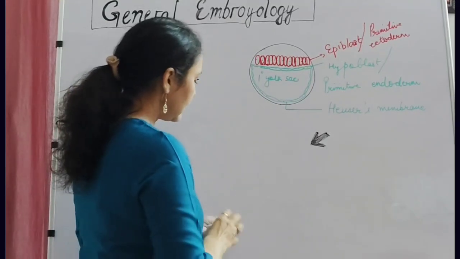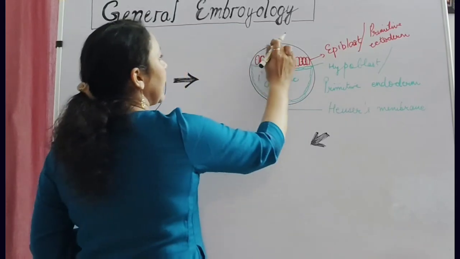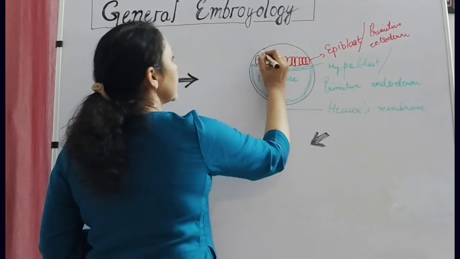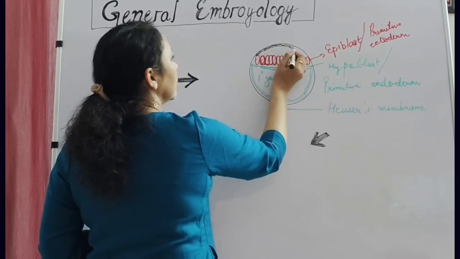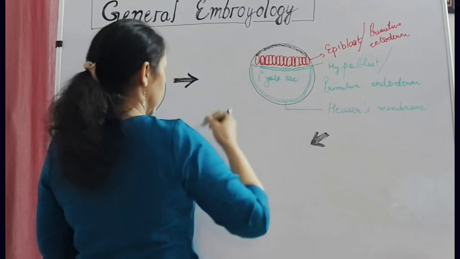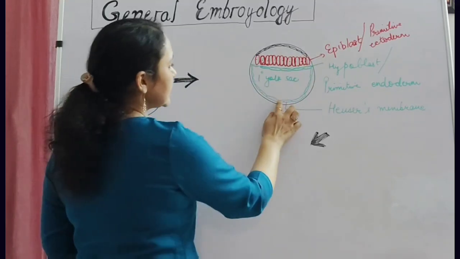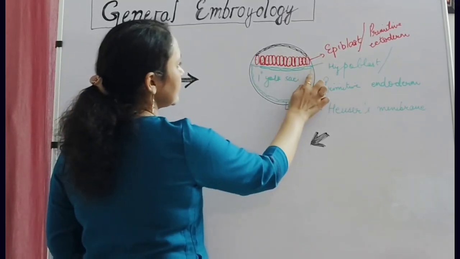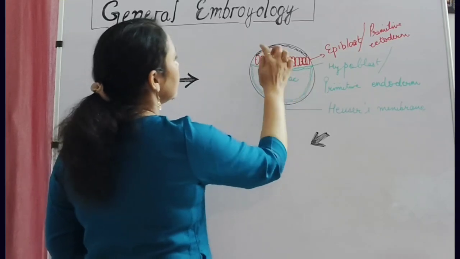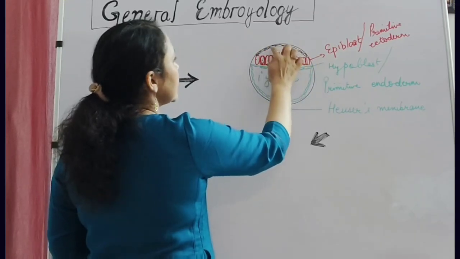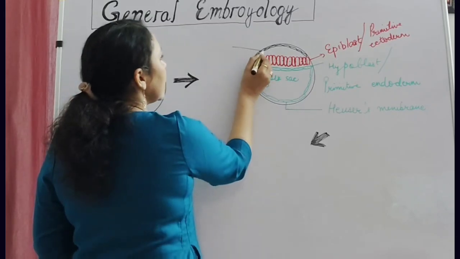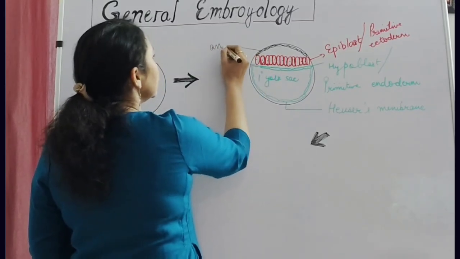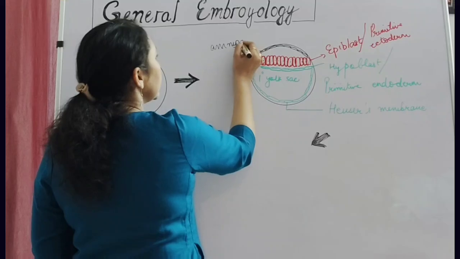Similarly, another cells will be derived from this overlying trophoblast and they will line this cavity. So the Heuser's membrane is derived from these hypoblast, and this layer of cells is derived from the overlying trophoblast, and we call these cells as amniogenic cells.